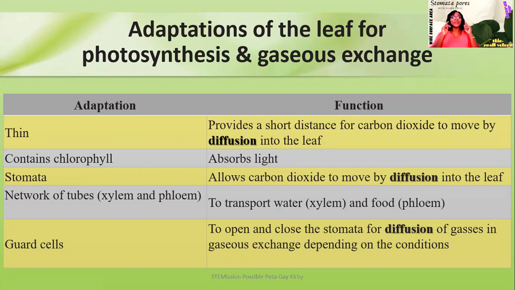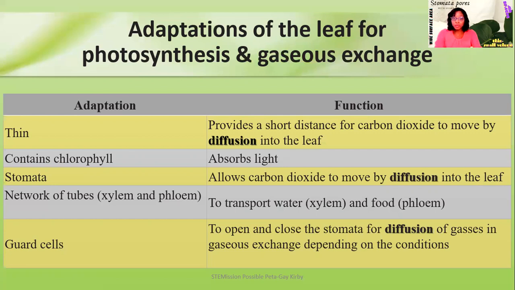Look to see if anything that you thought of has begun to be revealed that will show that you already have a basic understanding. Let us look at this. Thin. They're so thin, and this is beneficial in that it provides a short distance for carbon dioxide to move by diffusion into the leaf.